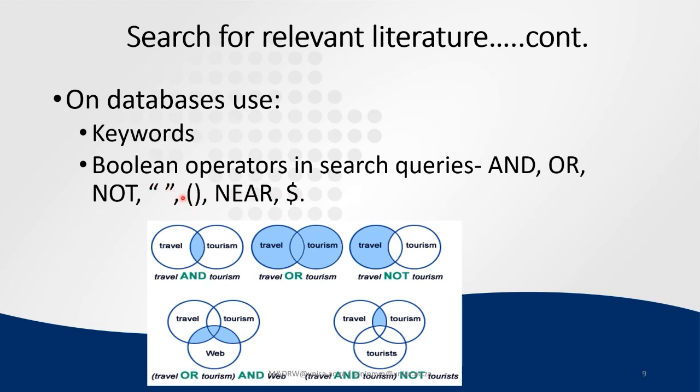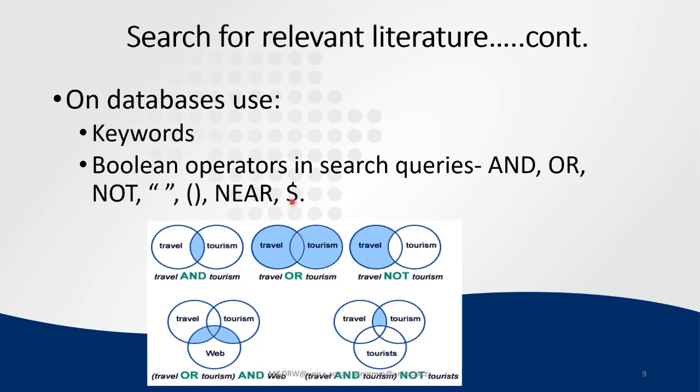So it's either quotation marks or brackets. They do almost a similar function depending on the search engine. Now, "near" is the one that describes the region or the area. So if you type travel tourism near South Africa, it specifies the region in which to do the search. The dollar sign is simply a wildcard.